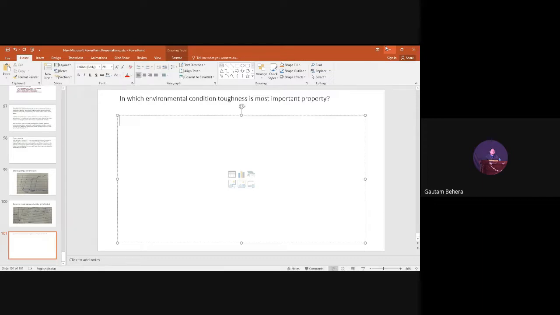Even if you take the material to a sub-zero temperature near minus 193, the liquid nitrogen temperature, obviously the material becomes completely brittle. Toughness will be very low. The fracture that happens is completely brittle fracture.